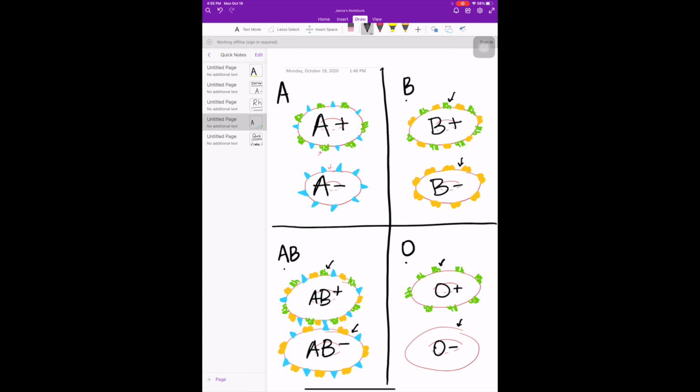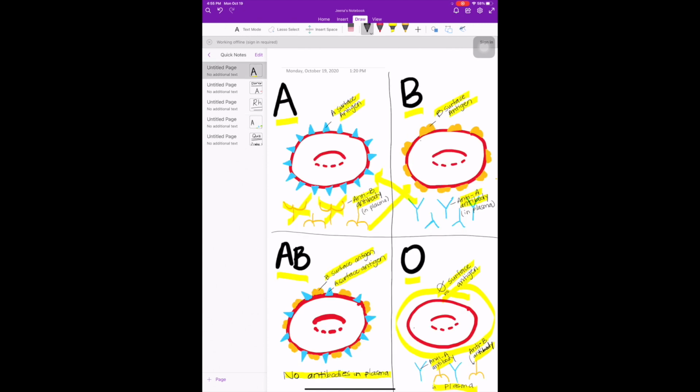So now we went over what it is to be the universal recipient right here and the universal donor. The universal donor means that it has no surface antigens, but it has anti-A and anti-B in the blood plasma. So that means you can't just give any blood to this person.